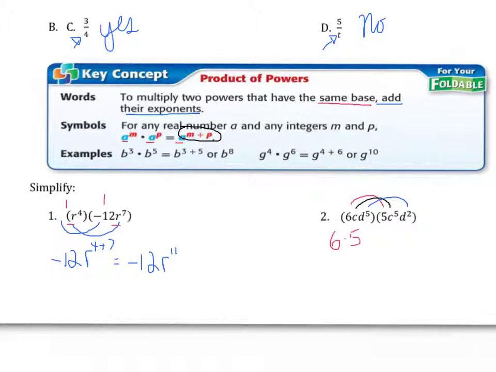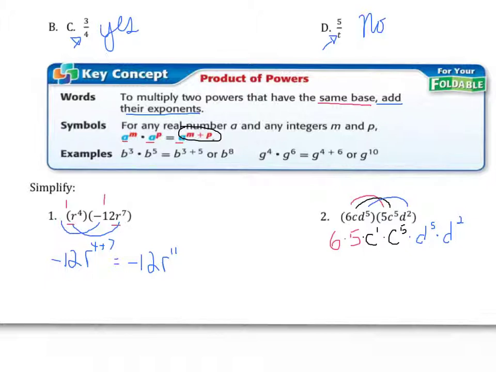For our first variable, we have c to the first times c to the fifth. And for our d variable, we have d to the fifth times d to the second. Okay, so these are all products here, and we're going to add the exponents together.